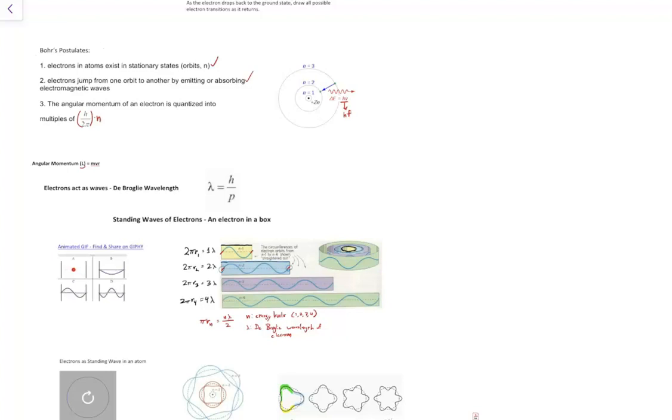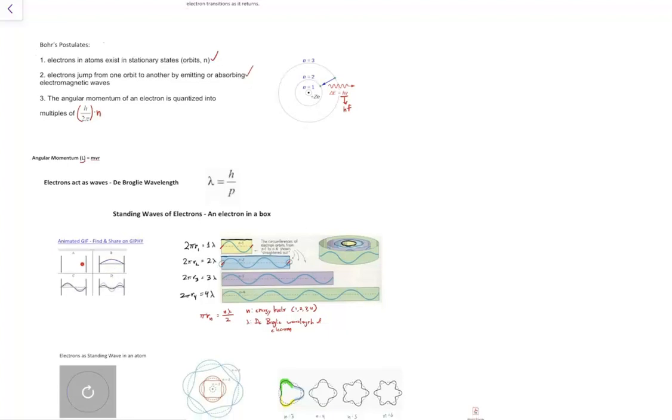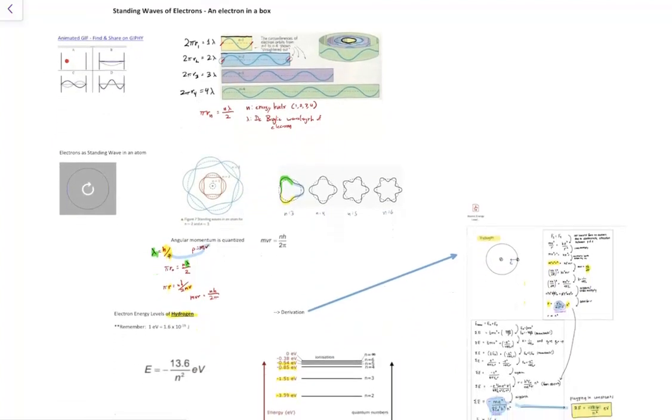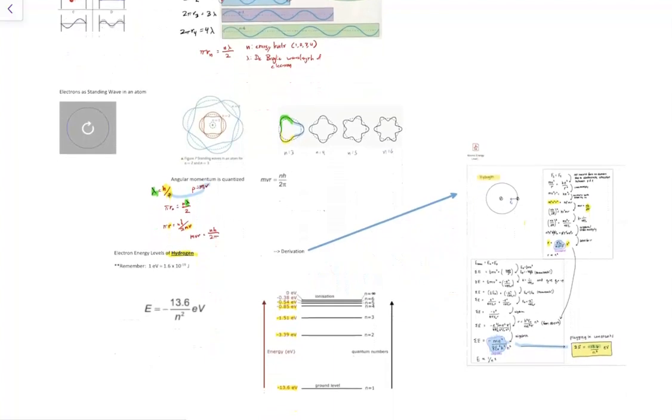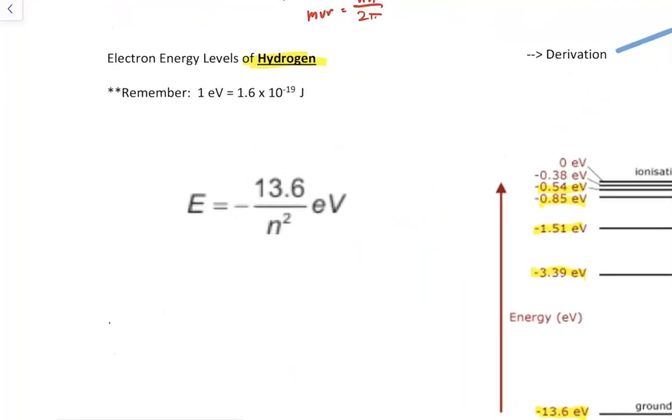That, of course, gets more complex with more protons and electrons, but if we just go to a simple hydrogen atom and use the wavelength of the electron, lambda is equal to h over p, we end up with some derivations that show us the angular momentum is quantized, the radius is quantized, and the total energy of the energy level of the electron is quantized and proportional to, in this case, 1 over n squared, which is in our data booklet.